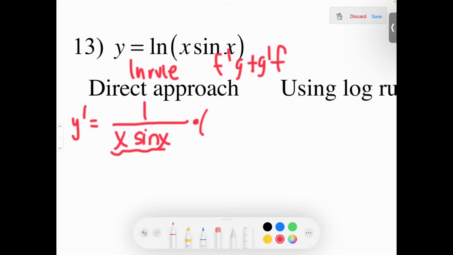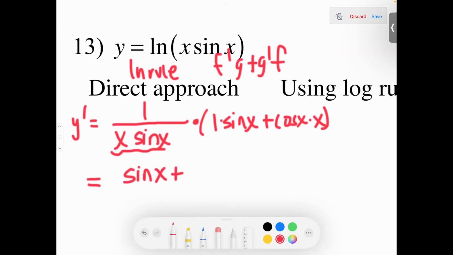So derivative of f would be 1 times sine x plus derivative of sine x would be cosine x times f would be x. So on top of our fraction, we can put sine x plus, we typically put this x in front of the cosine, x cosine x. That way we don't get the two x's mixed up and multiply them by mistake, divided by x sine x.